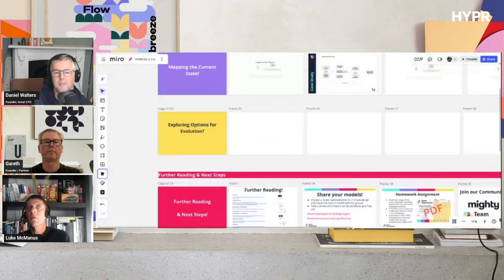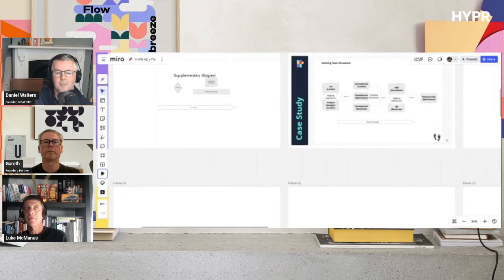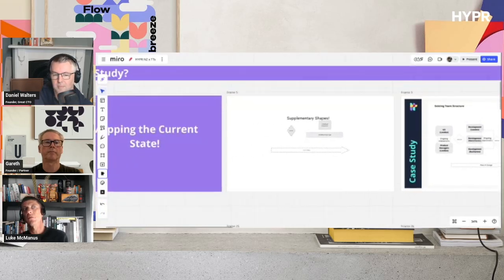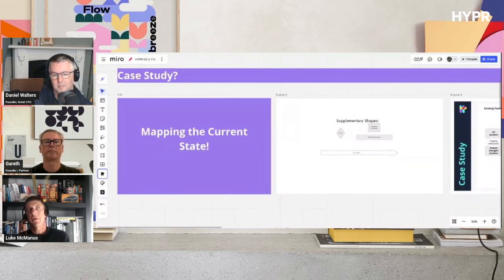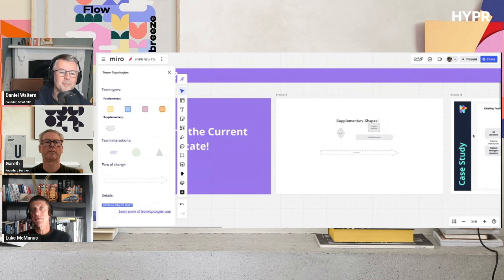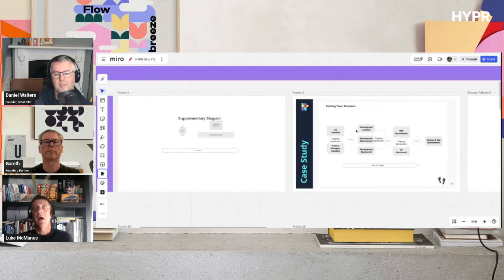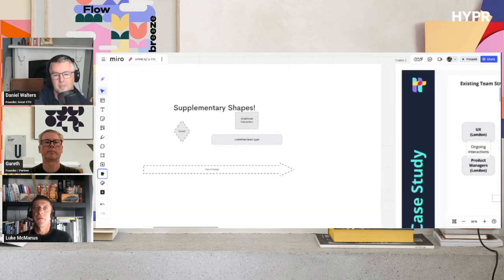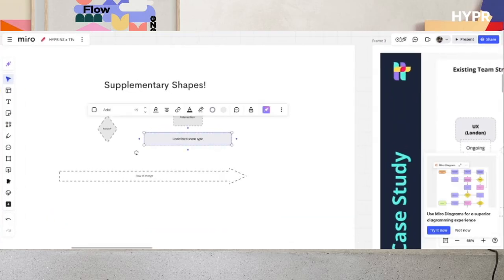And what we're going to do is show you a bit of an idea of what the current state would look like if we start to map it out. So as Daniel said, rather than going straight into these shapes and going, right, let's do a streamline team, let's do a platform team, how about we start with looking at where we are, and if any of what we have today actually is already one of these team types, and if it's not, let's call it an undefined team type.